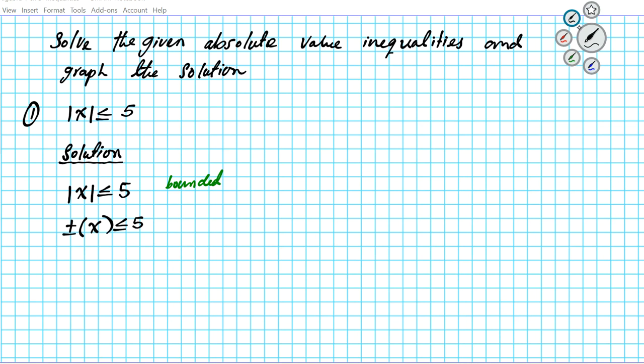This can be written as negative 5 is less than or equal to x, and x is less than or equal to 5. It means that x is between negative 5 and 5. You use this approach when you are solving absolute value inequalities that are less than or equal to. All right, so there goes the solution right there.